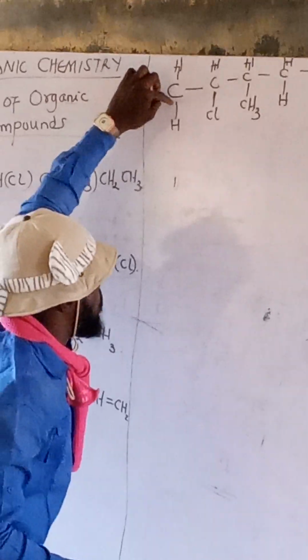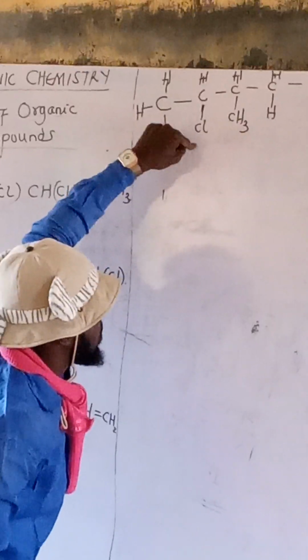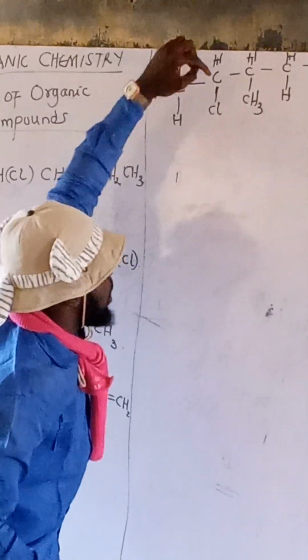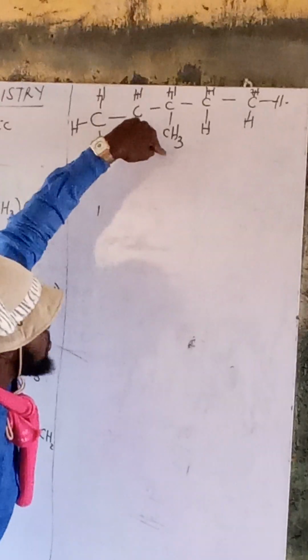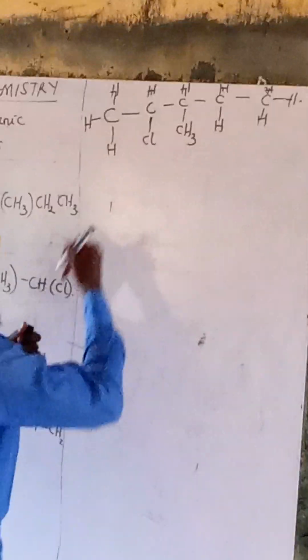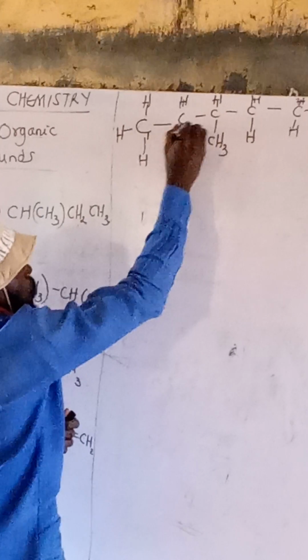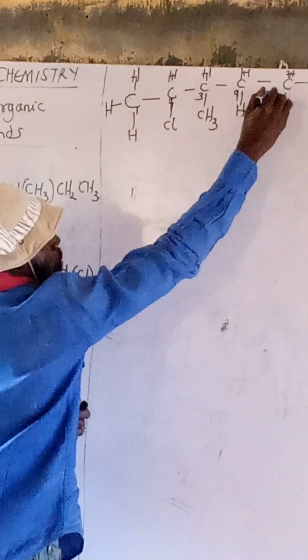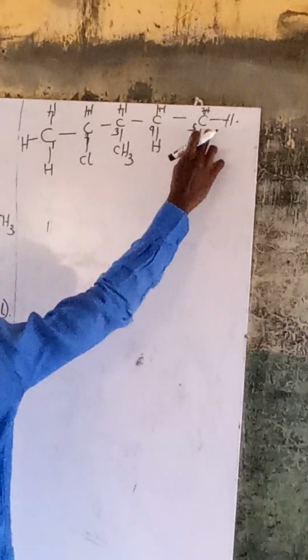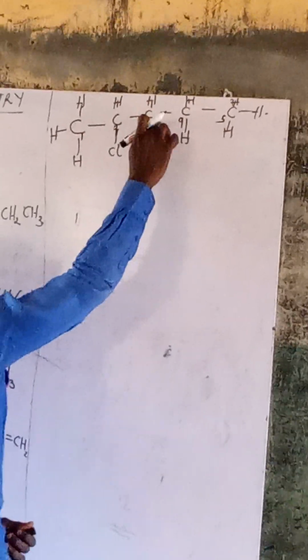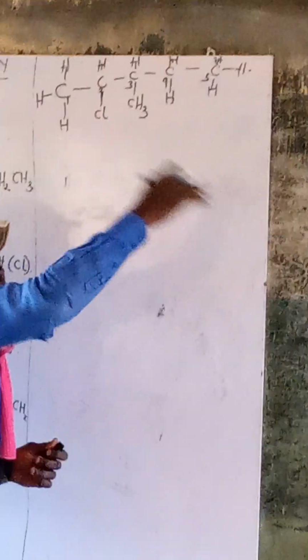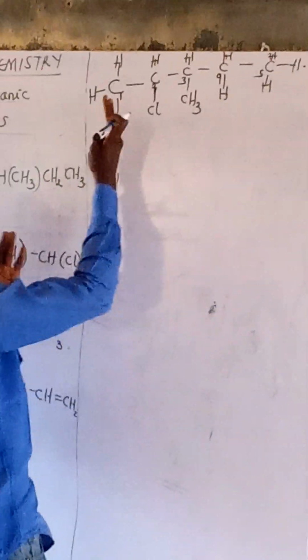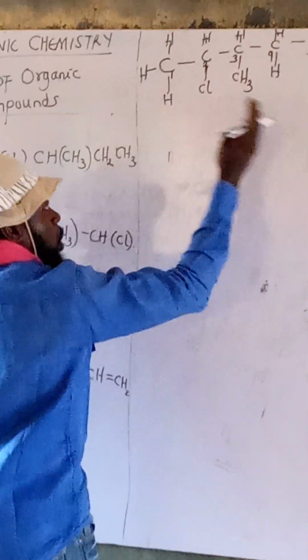When I count 1, 2, I see chlorine. The third one, I now see methyl. So if I start from here, 1, 2, 3, 4, 5. But if I start from here, 1, 2, 3, I meet methyl. On the fourth one, I meet chlorine. I will not take my numbering from the left because from the right is the shortest.